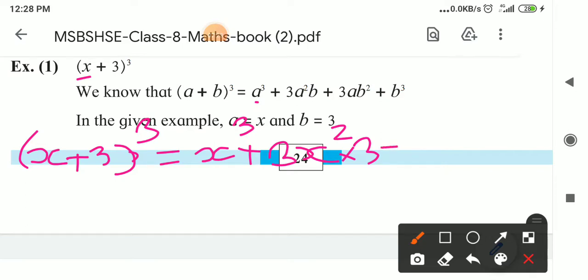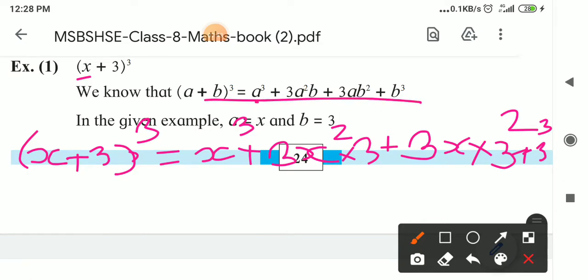Plus 3ab square, 3 is present in the formula, a is x, and b square means 3 square. And plus b cube means 3 cube. According to the formula we expand x plus 3 in this way.